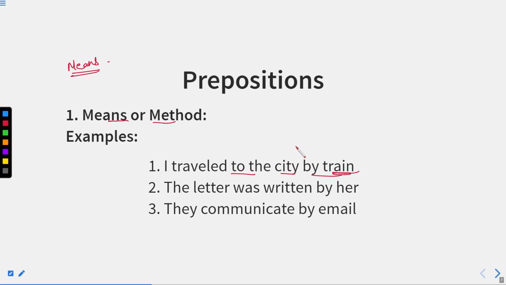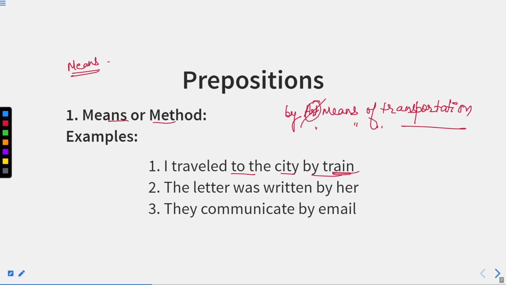Now this one is very important, and one error comes from this part. What if we are using the preposition by and we are using a means of transportation after it? Not only means of transportation, it can be any means. We do not use any article in between.